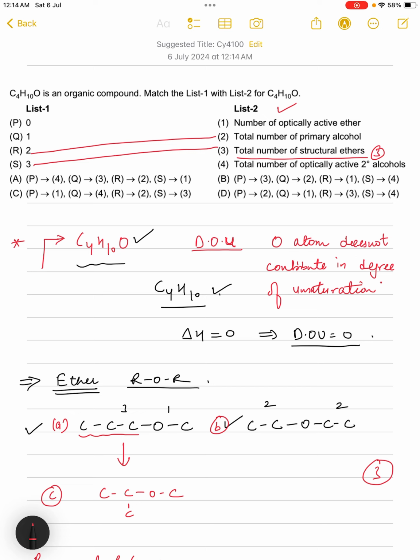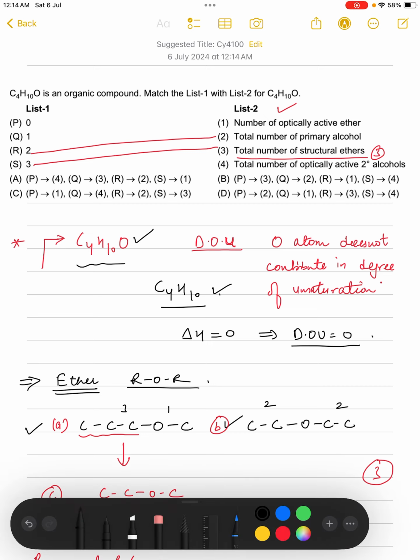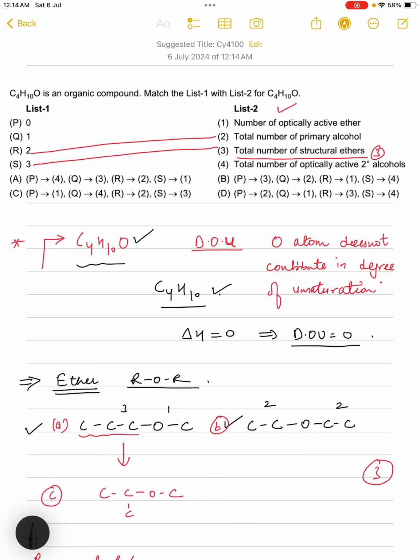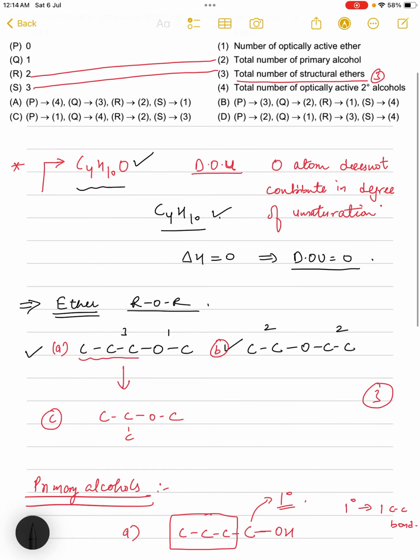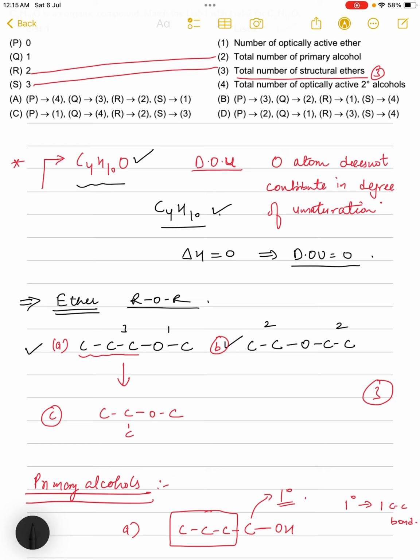Next, the question is asking for the number of optically active ethers. How many optically active ethers are there? To find the optically active ethers, we need a chiral center in the ethers. Molecule A doesn't have any chiral center, so it is optically inactive. Molecule B in the ethers also has no chiral center, so again it is optically inactive.